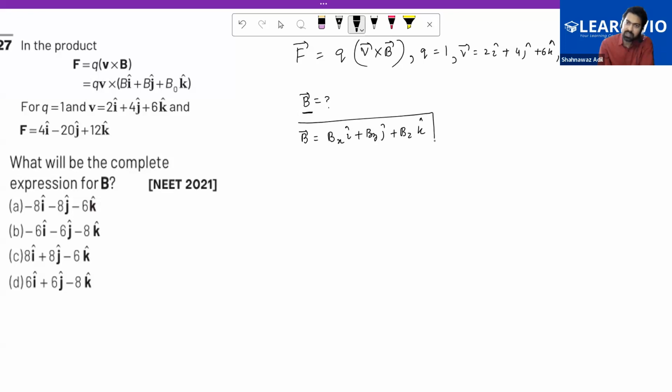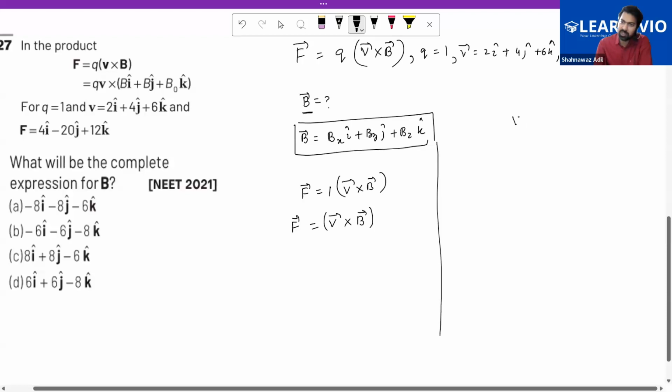And we have to find out v cross B. Q is 1, so this F would simply be v cross B.